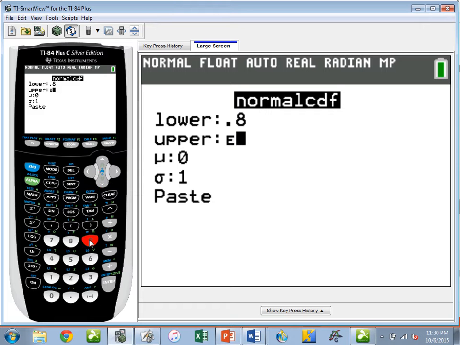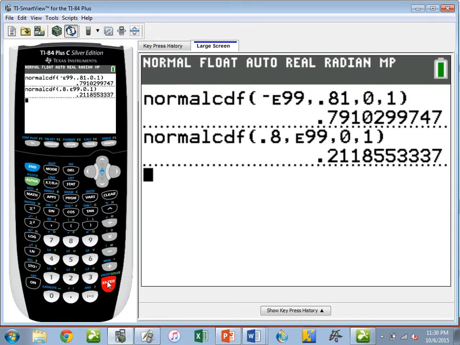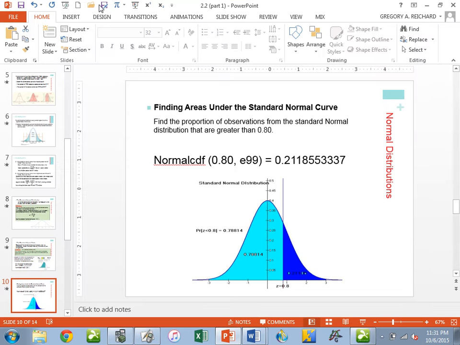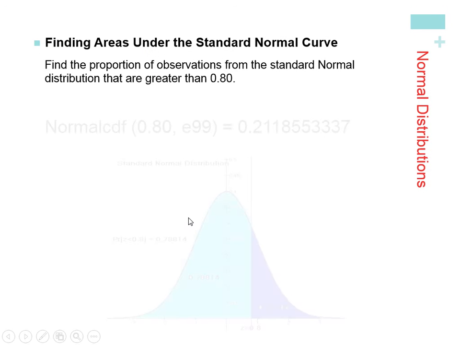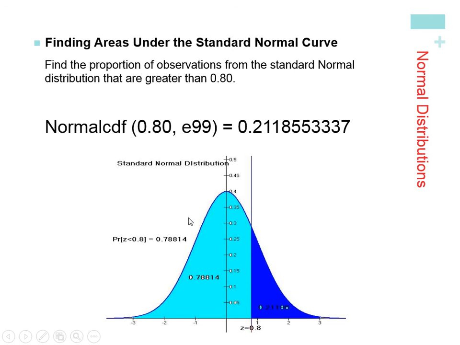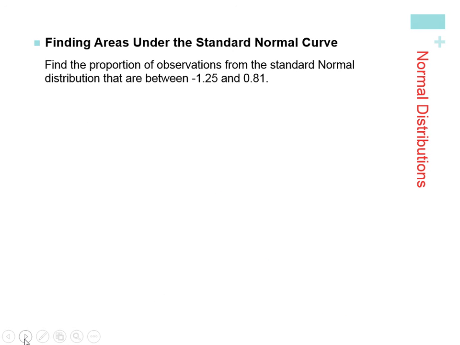So positive infinity in your calculator is E99. I'm going to leave the mean as 0, leave the standard deviation as 1, and when I paste that in there, that's where the 0.2118 comes from on your diagram. So the normal CDF in your calculator is a very good tool to get familiar with.